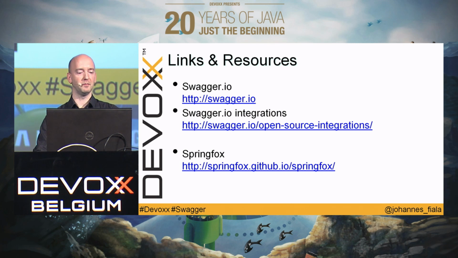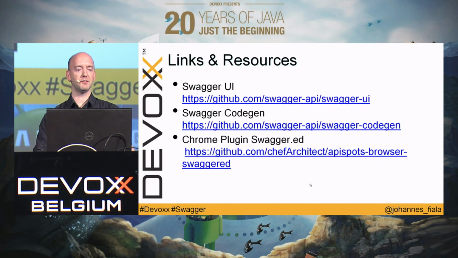The SpringFox integration is independent of Spring. This is just a separate open source project. They are really active. If you have questions, you can post them there, and usually you get a response within a few hours. And for Swagger UI and Swagger-Codegen, these two projects are directly supported by the company behind Swagger, and this is also very active.